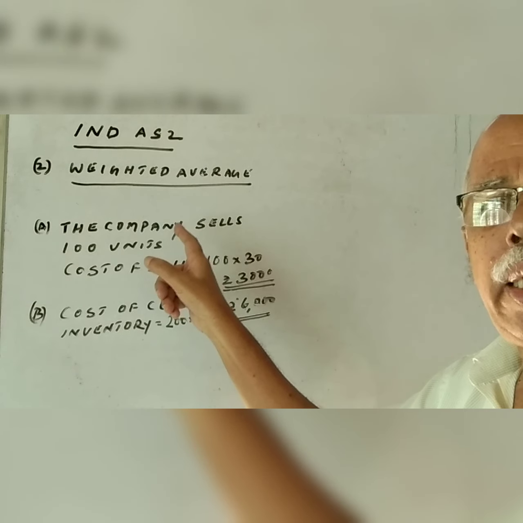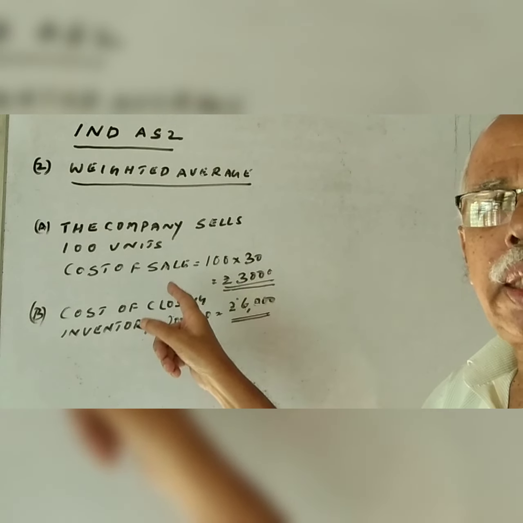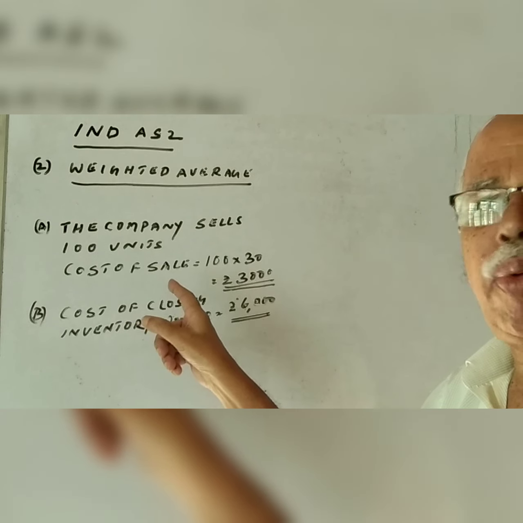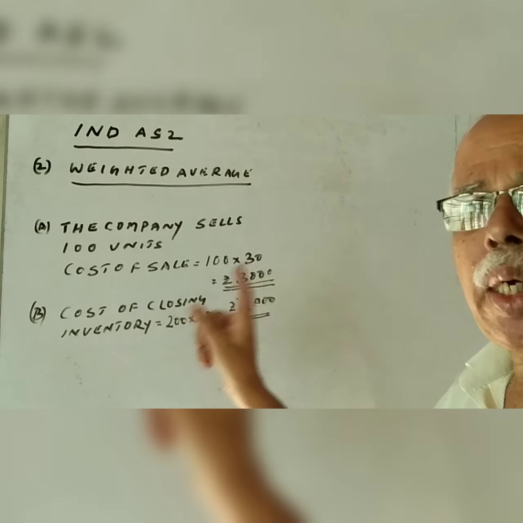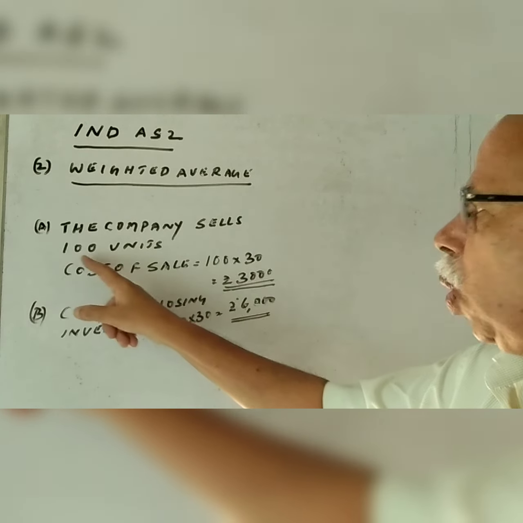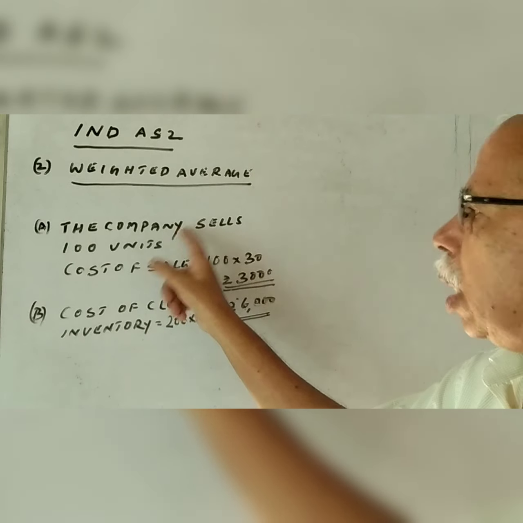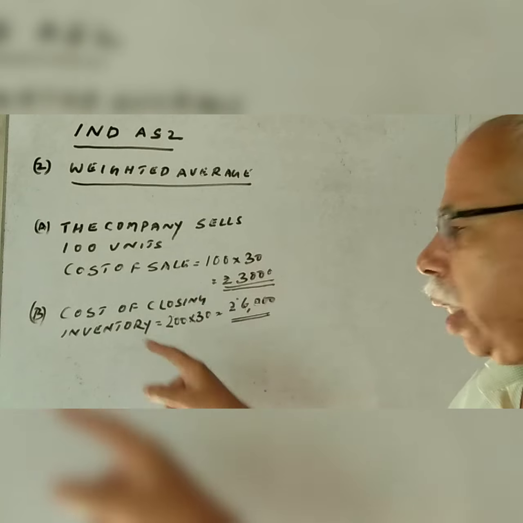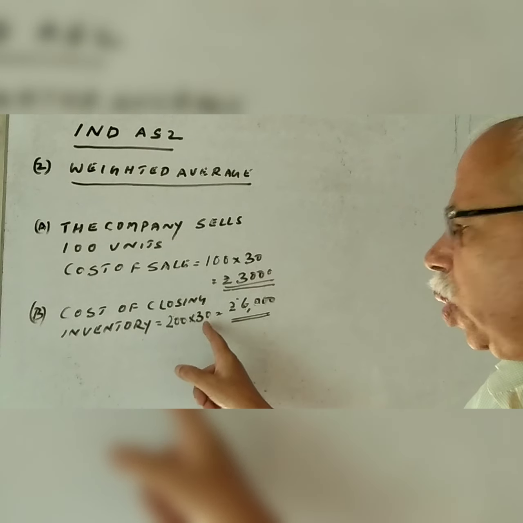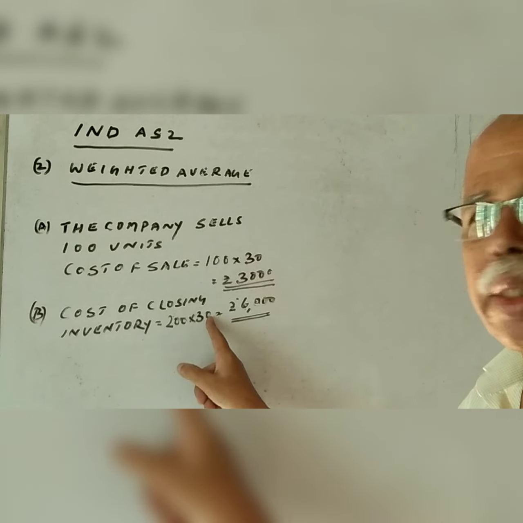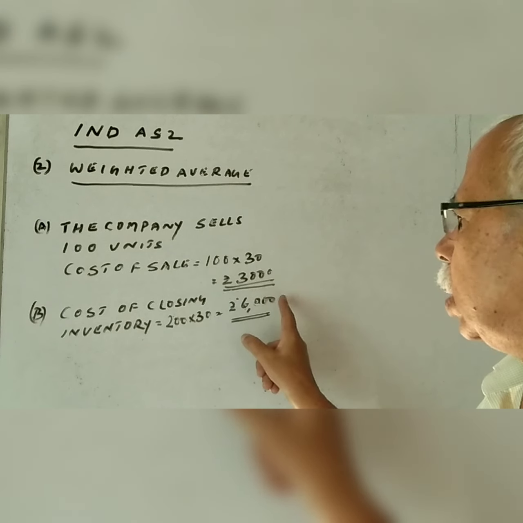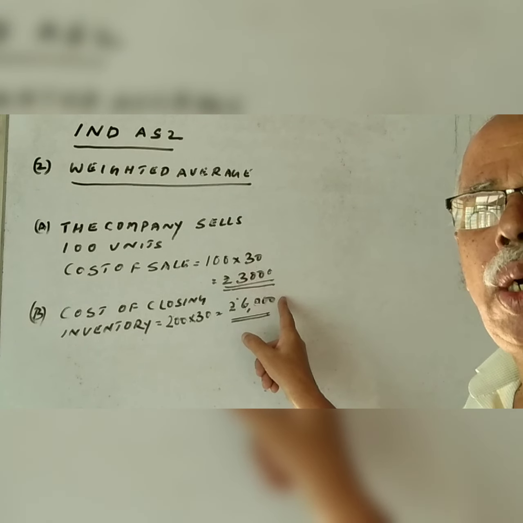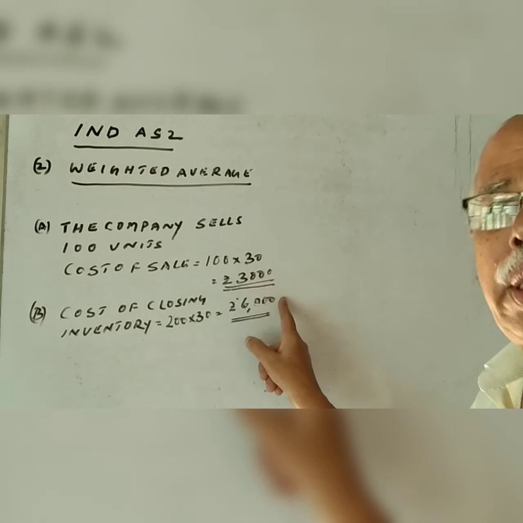The company had in total 300 units available for sale during that particular year, out of which it sold 100 units. What is left is 200 units. So here 200 units into weighted average cost, that is 30, is equal to 6,000. This is the cost of closing inventory.